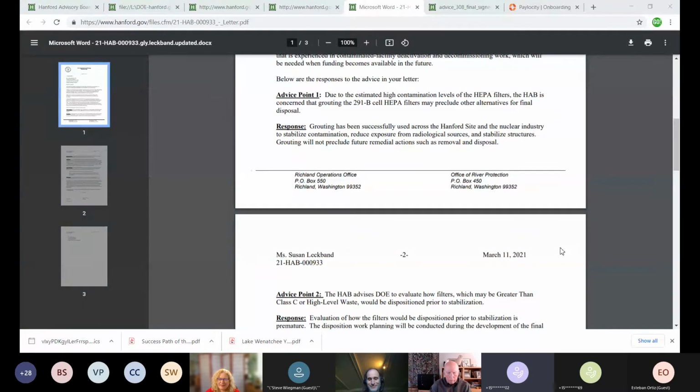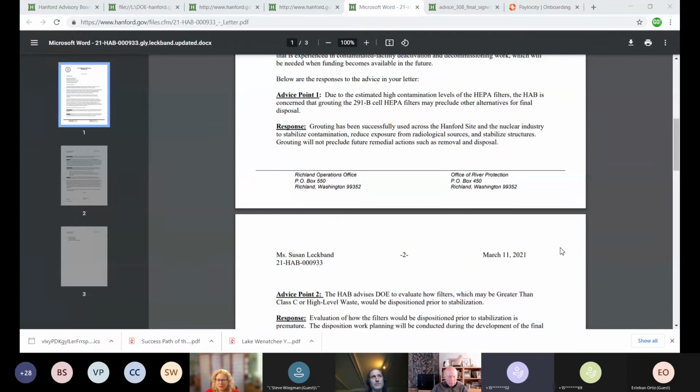But then on this specifically, Yakima Nation did submit our own comments on the ICA for the B Plant non-time critical removal action. And we went maybe a little bit less technical and more legal on our thoughts on this grouting. And we are supposed to have a meeting with DOE on this sometime soon, I hope.